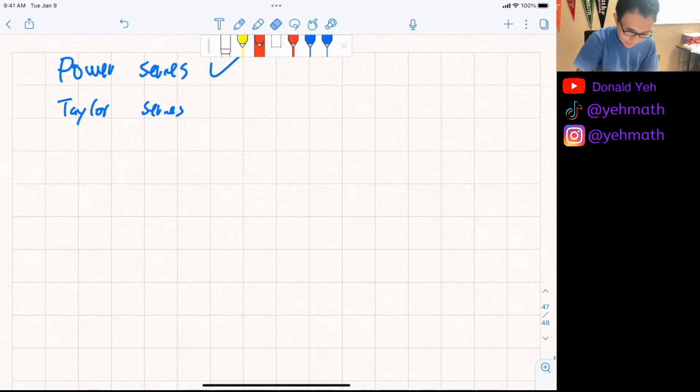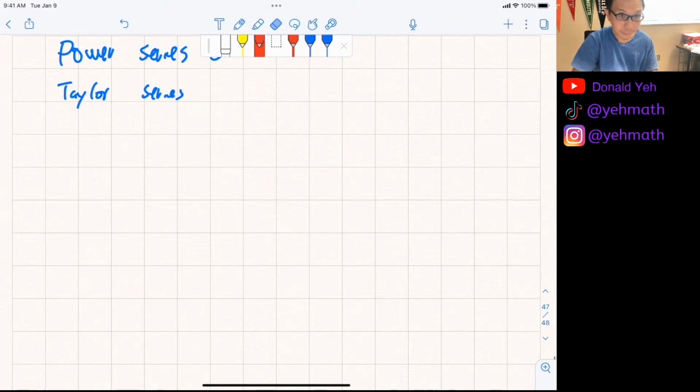So the Taylor series is by the mathematician Taylor, and then there's also Maclaurin as well. Maclaurin is kind of a copycat, and we're gonna talk about that.